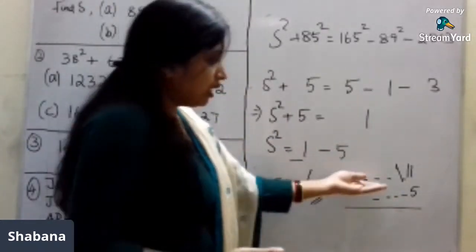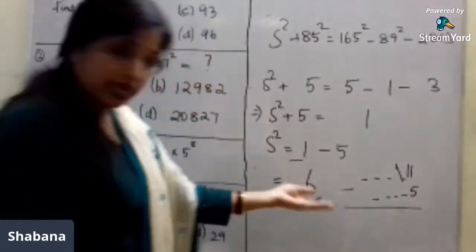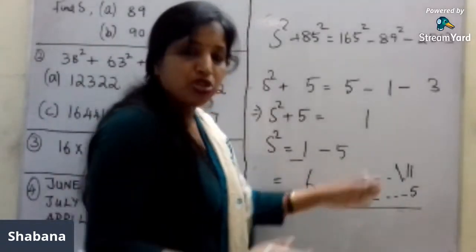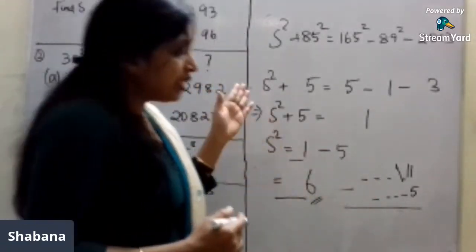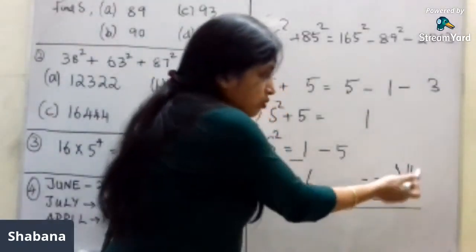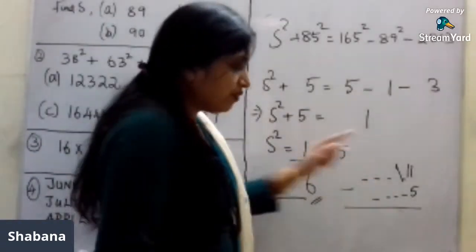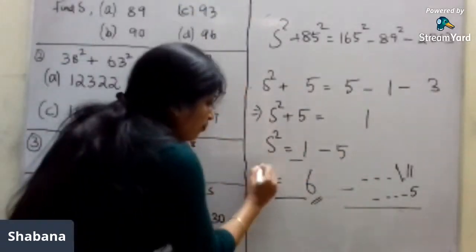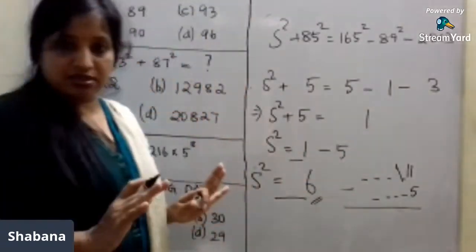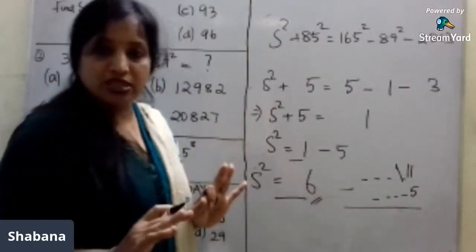We do not know whether it's 4-digit or 5-digit, and the number being subtracted is also a 4-digit or 5-digit number. While subtracting, we tend to borrow. So it is not 1; it becomes 11. So 11 minus 5 is 6. So s square is some number which ends in 6. Ultimately, I came to the decision that s square is some number which ends in 6.